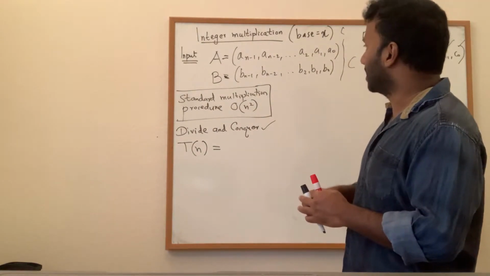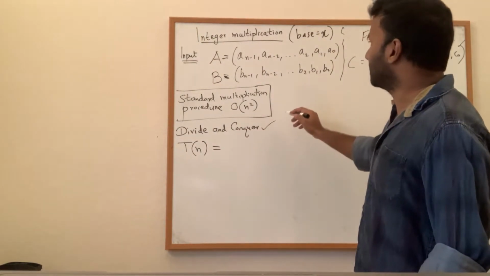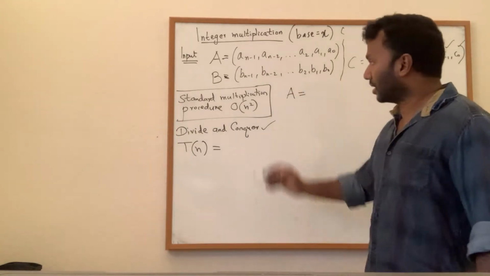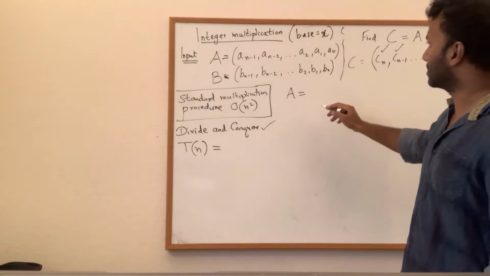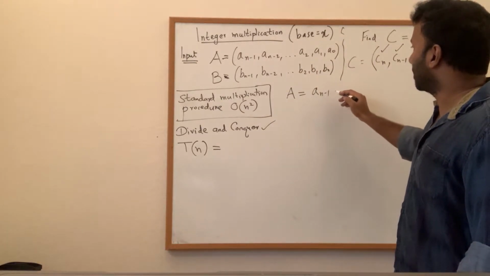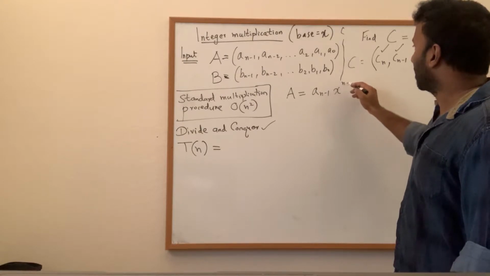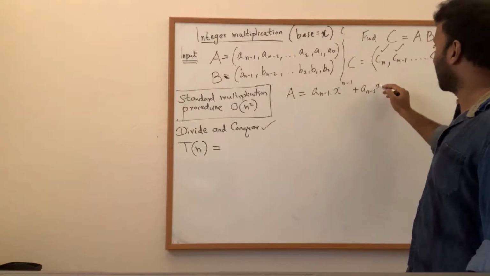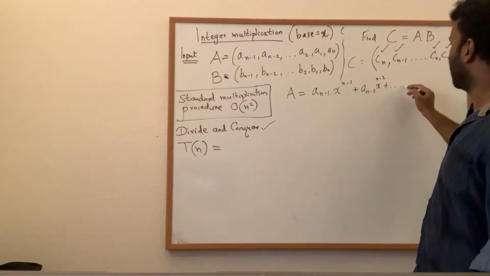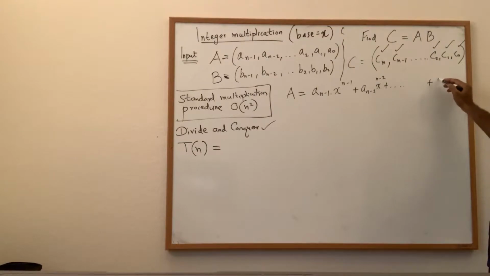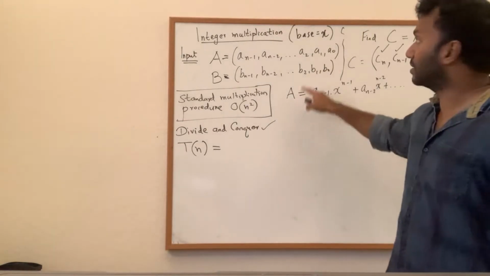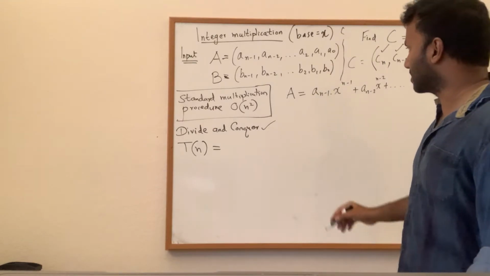Alright, so let's see how to do this. The first thing I want you to notice is that A or B, I can write like this: a n minus 1 into x raised to n minus 1, then a n minus 2 multiplied by x raised to n minus 2 plus dot dot dot a1 x plus a0, right? This is what the actual value of A is, where x is the base.